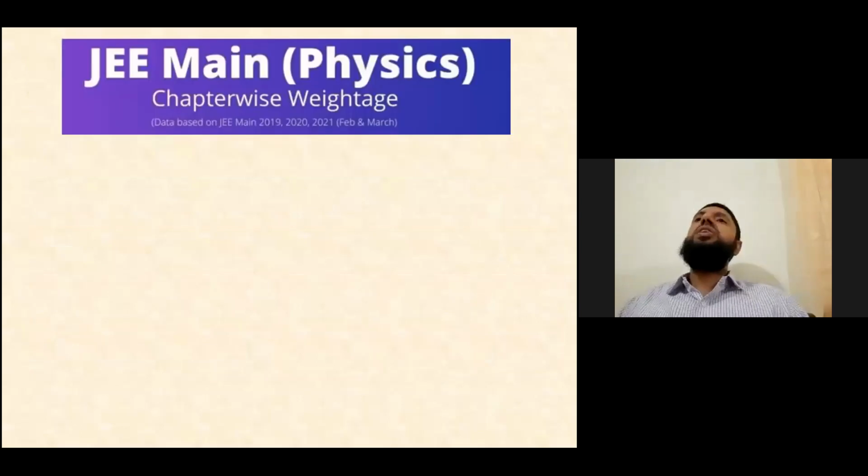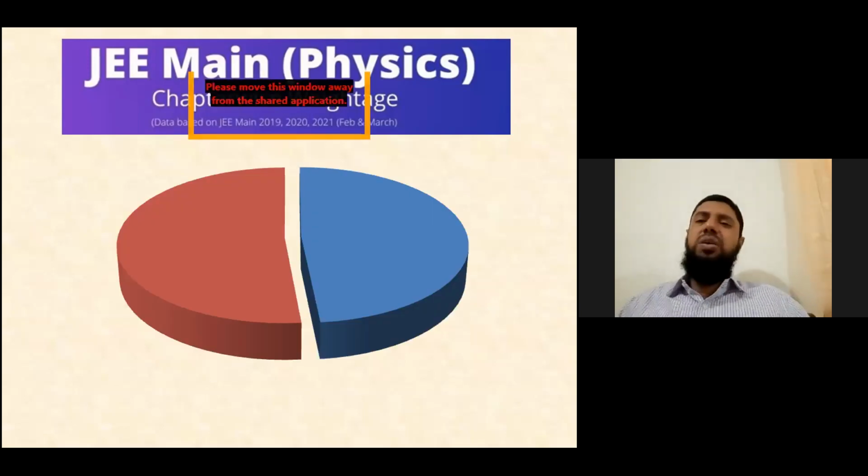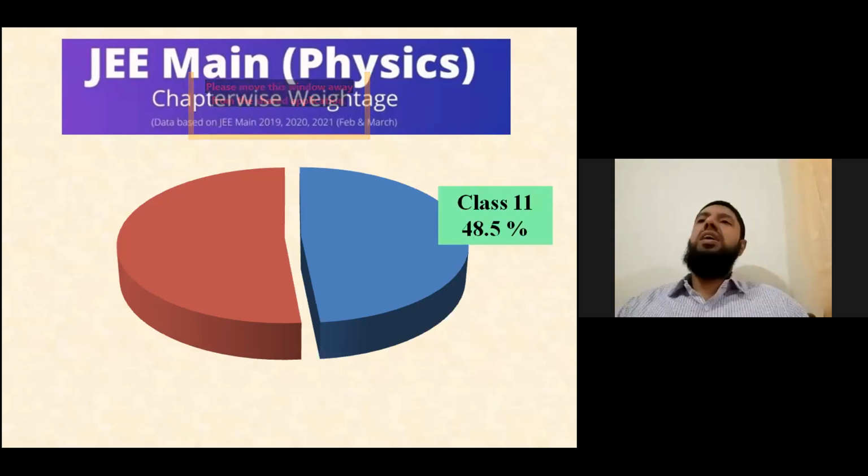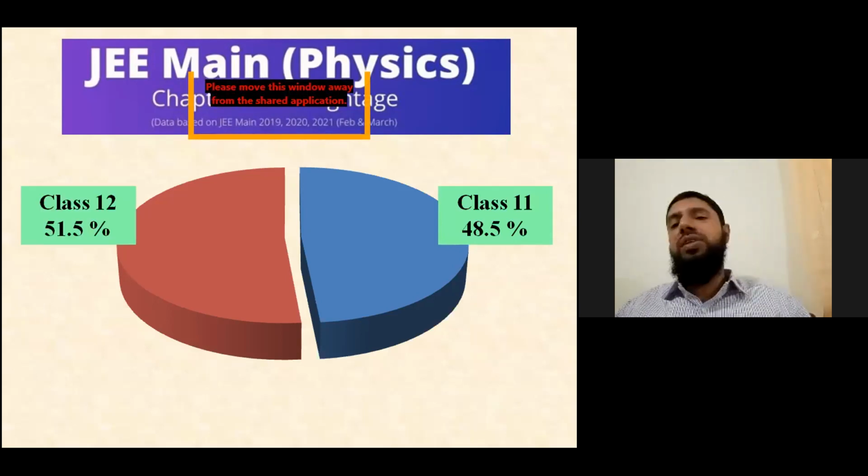Then let's go to the weightage in the JEE exam for physics. Generally, till now, we have observed it almost equally divided between the first year and second year. I have gone through 20 papers from different sessions, around 12 sessions, and observed around 48% of questions from class 11 and 51.5% from class 12.